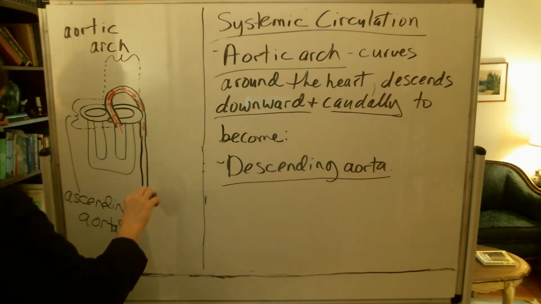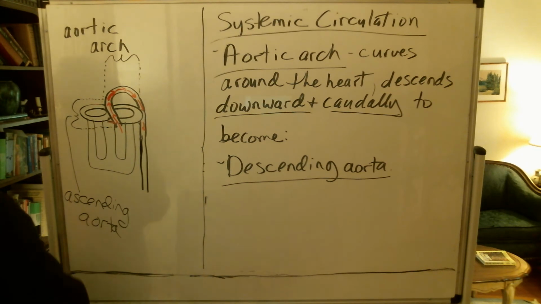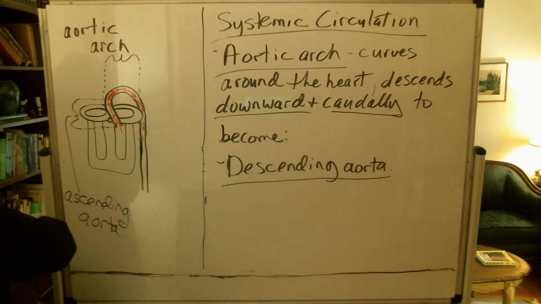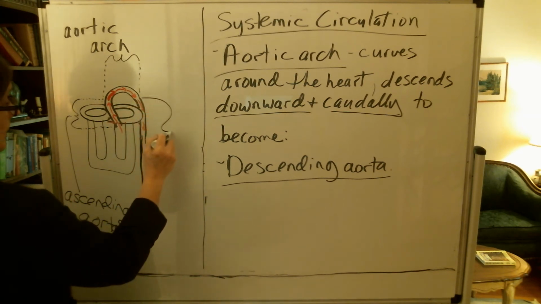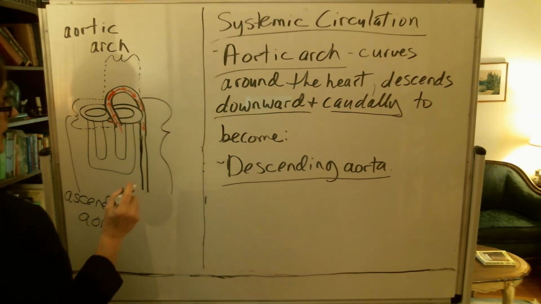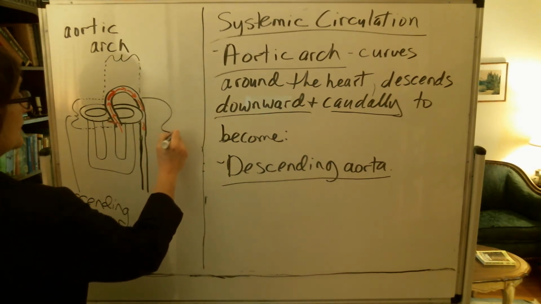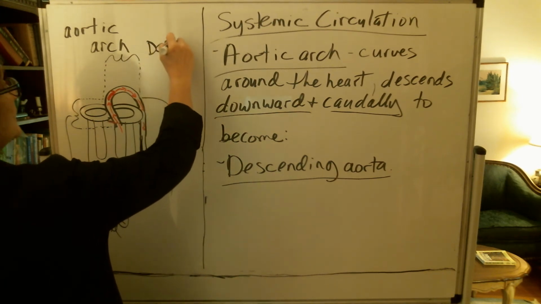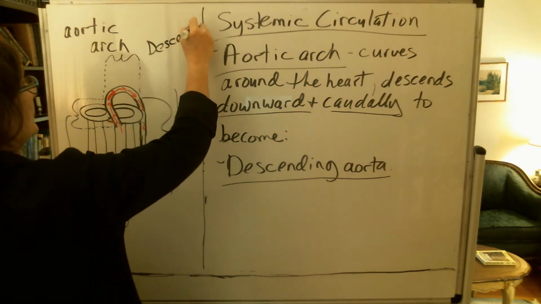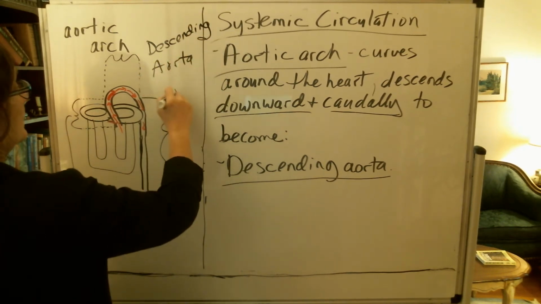So this long blood vessel, from here to as far down as it goes, this is the descending aorta.